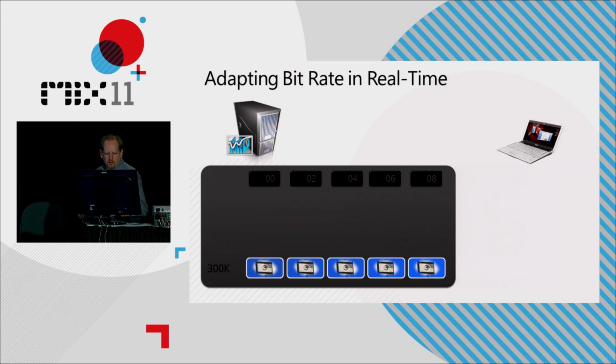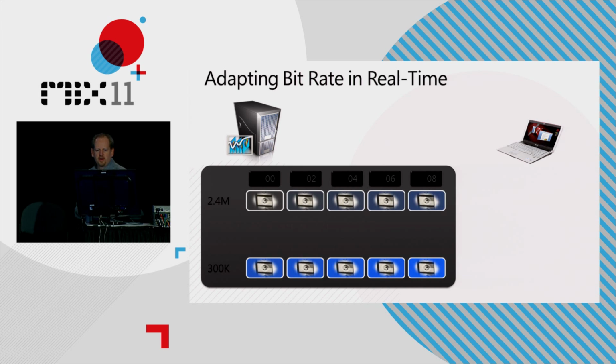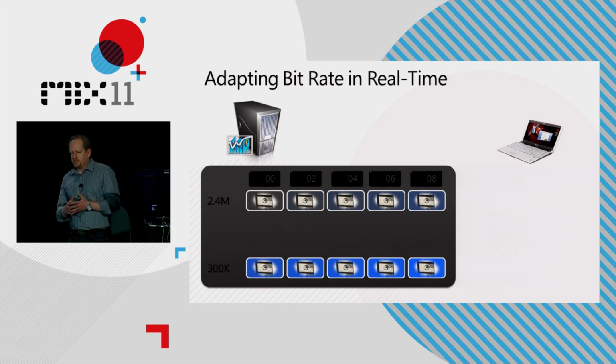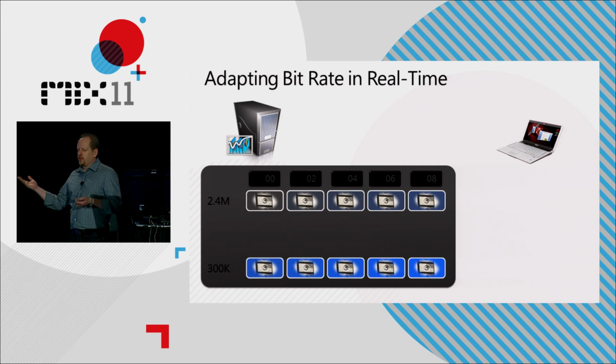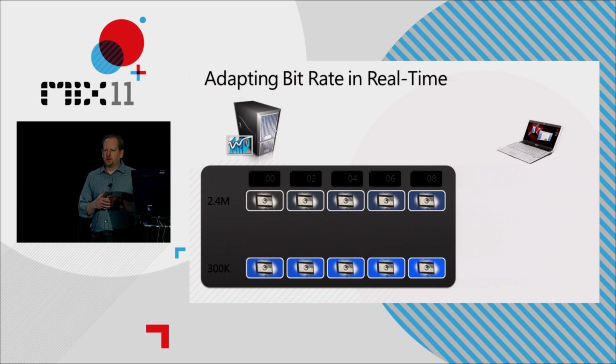Basically, we break the video down into multiple bit rates. In the typical project, the ones we work on, we'll run everything from 350 kilobits per second up to about 3.5 meg. And on the 3.5 meg level, we're looking at a full 720p, 30 frames a second video stream.